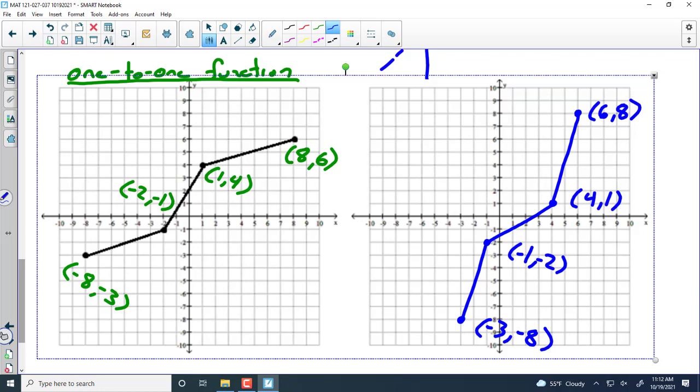Now that's the inverse, but check this out, everyone. Just so it doesn't get too crowded, I think I'll draw the original one over here. So the original one, once again, has its ordered pairs at (-8, -3), (-2, -1), (1, 4), and (8, 6).